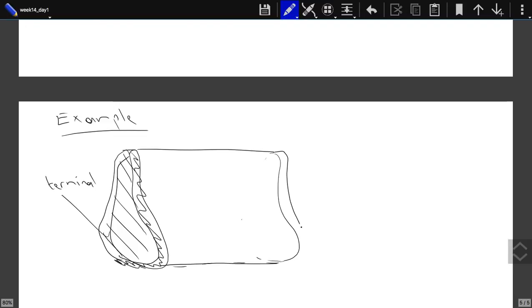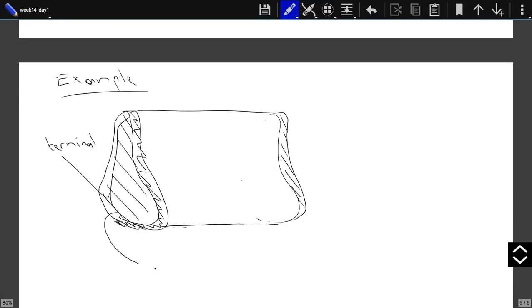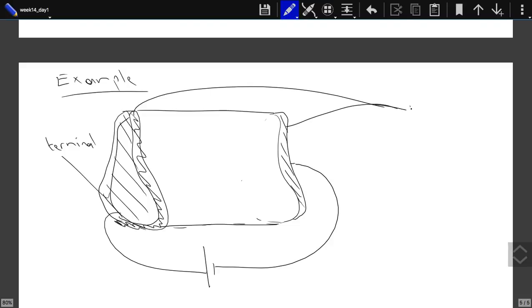This is the other terminal, which are connected to my batteries. And these are made up of perfect conductors.